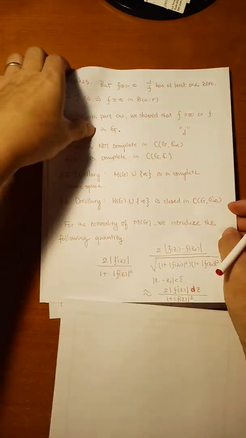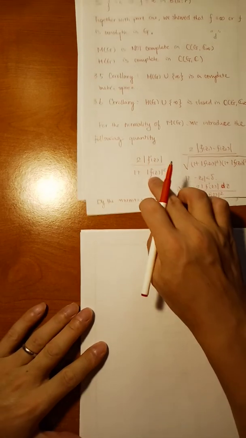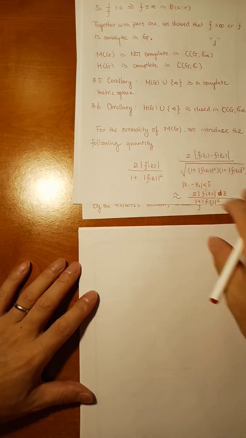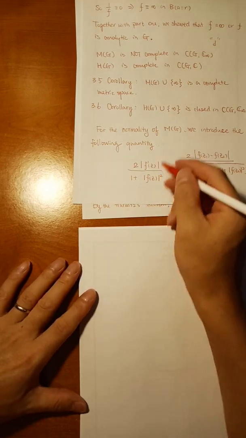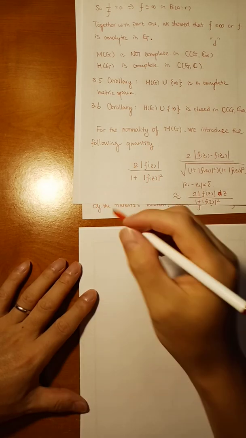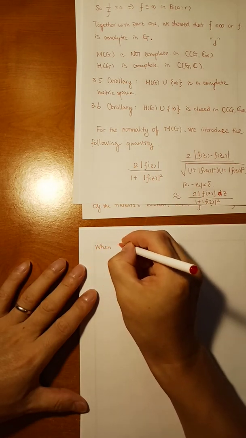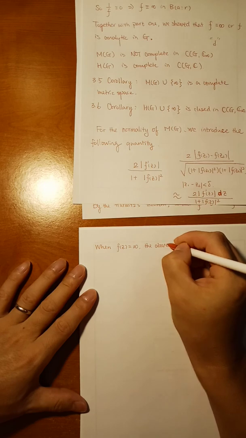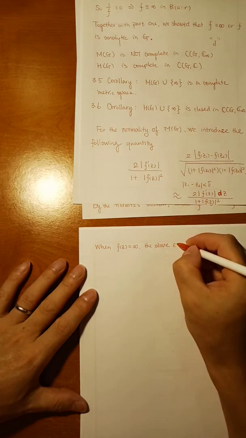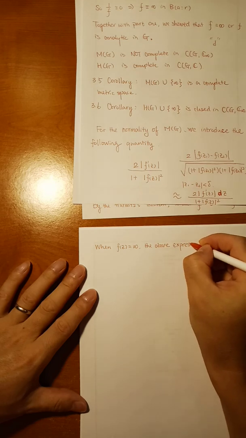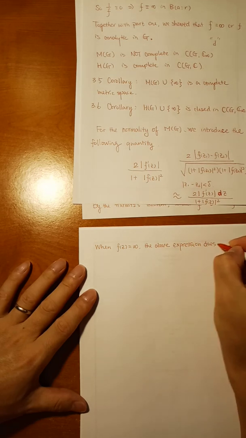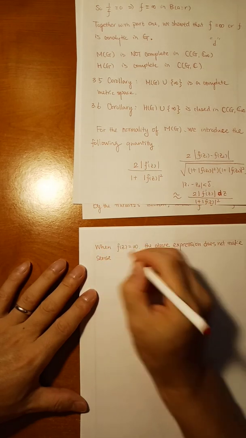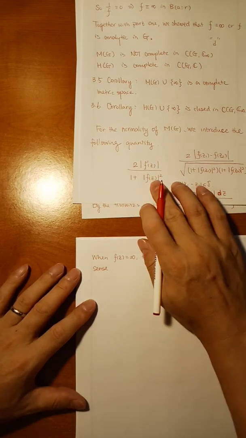Now, this quantity makes sense when f of z is not equal to infinity. If f of z is infinity, the above expression does not make sense, because the denominator becomes infinite.